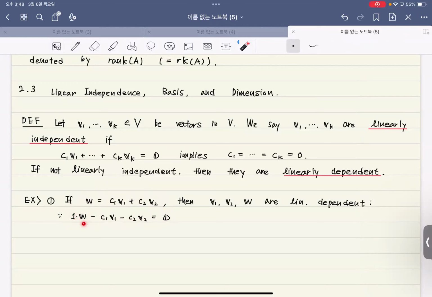Therefore, I was able to find a non-trivial solution such that this equals 0, so these three vectors are linearly dependent.